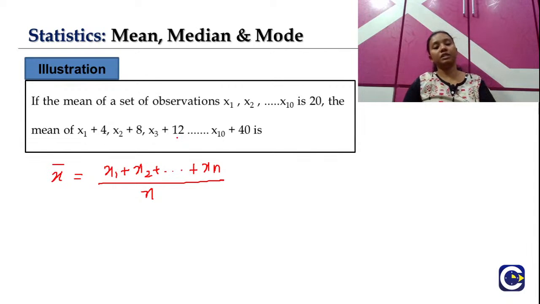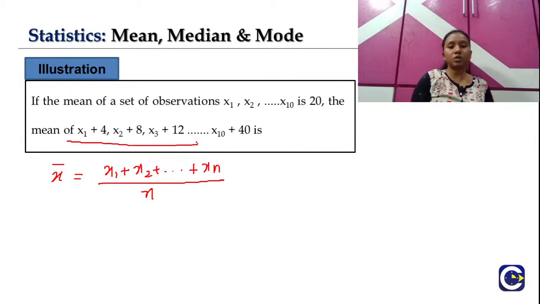So quickly write the formula, apply this, then it will be easy for you to find the answer. If you have any doubts, do comment in the text box, guys. I'll be checking. So first let's write down what they are asking for. So you have to find the mean. Okay, let me give you 2 more minutes. So just give it a try. It's very easy once you understand the application of the given formula.